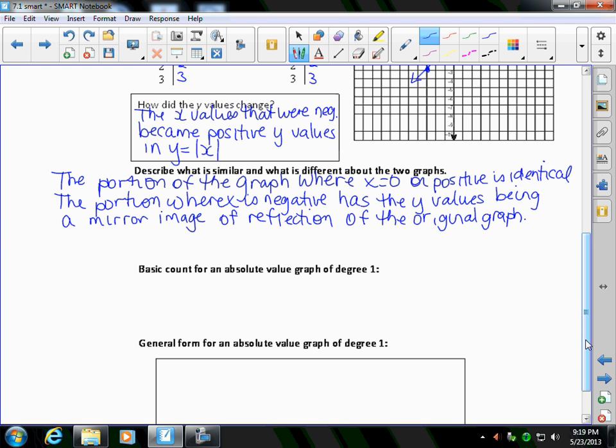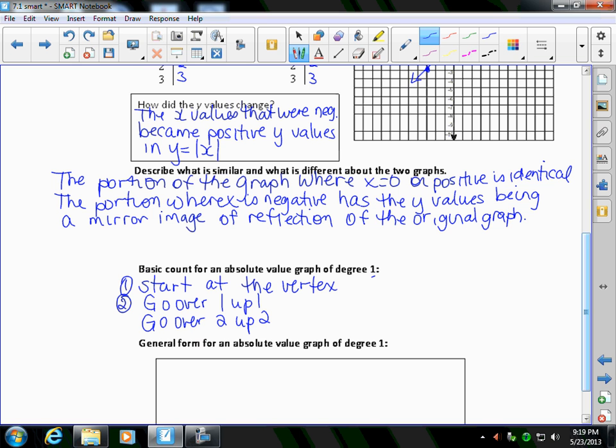For absolute value graphs of degree 1, so where your highest power is a 1, you start at the vertex, and then the basic count is go over 1 both directions, up 1, and then go over 2, up 2.